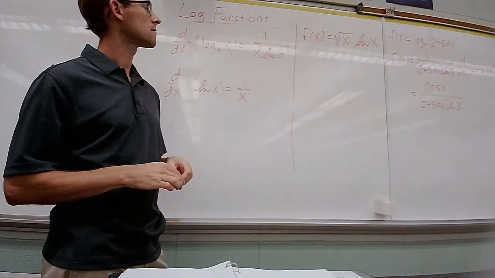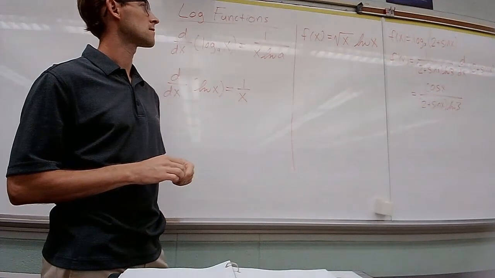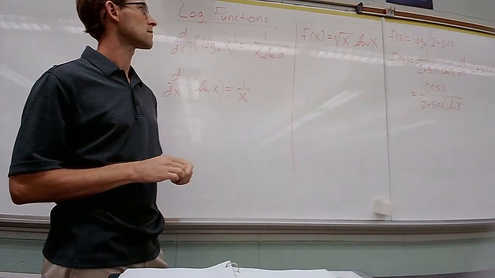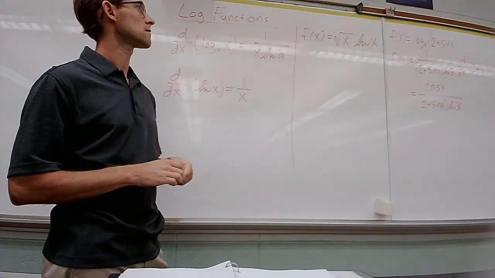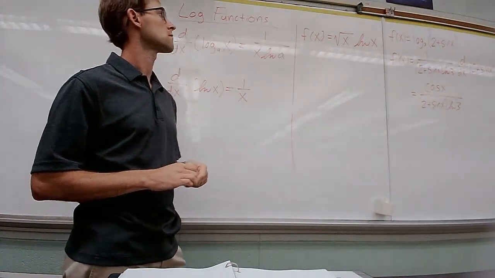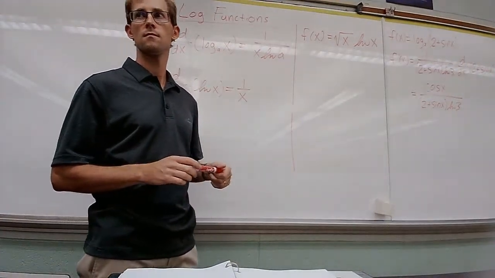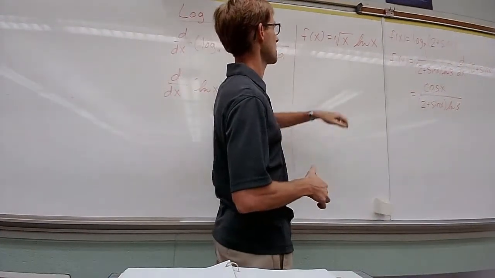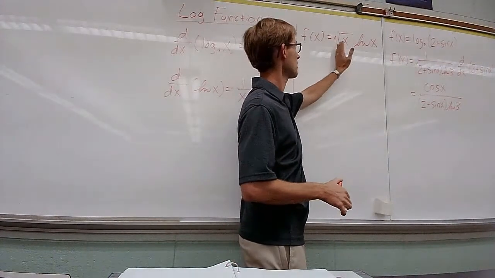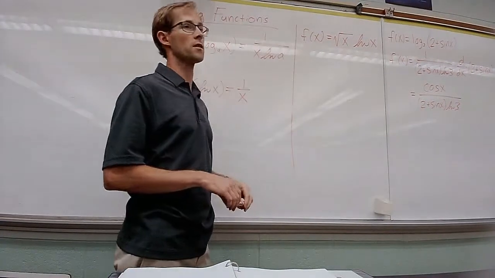So you separate the two, and then you do chain rule for the square root of x, and then you do 1 over x for the derivative of ln x, inside the product rule. That's the idea. So the main thing is the product rule here. You've got two separate functions. You'll be using the product rule in order to figure those out.